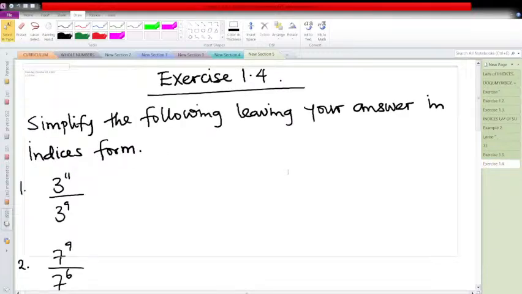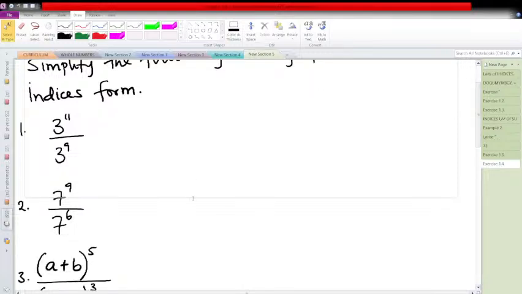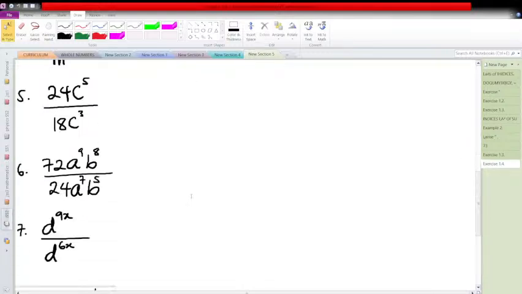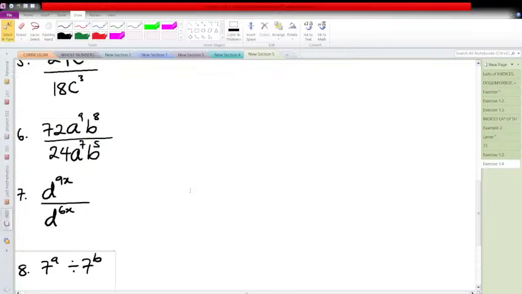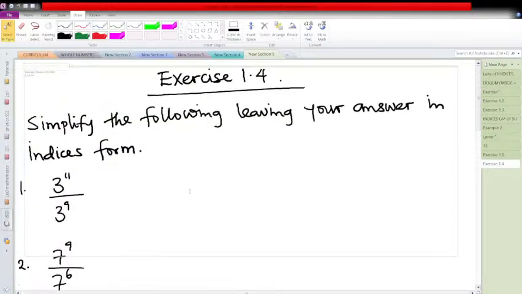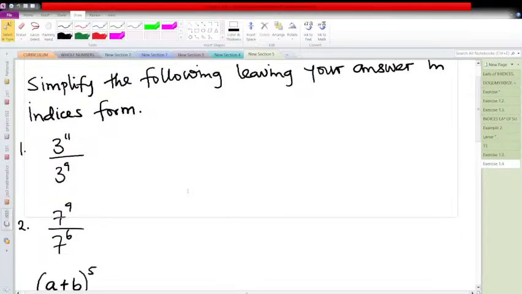Okay, so we'll end the class with this exercise. I'm going to solve them for you, and maybe I'll leave some for you to solve as assignments. Or I think I should just leave it for you to solve.